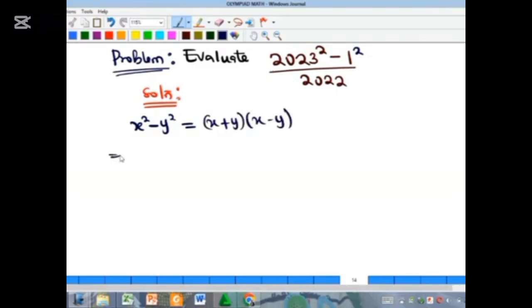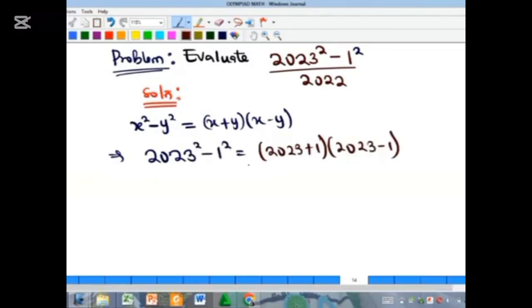Okay, so that means that the numerator is going to be 2023 squared minus 1 squared, and the implication of that is that we will get 2024 multiplied by 2022.